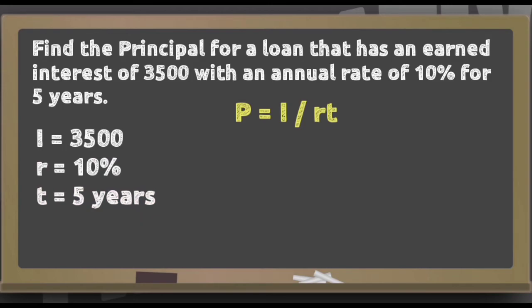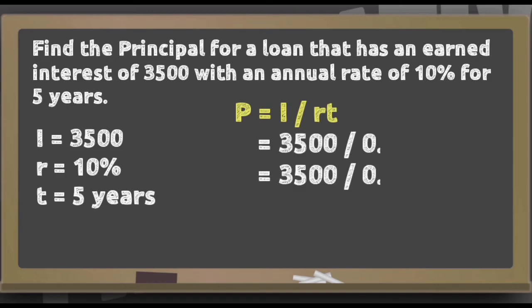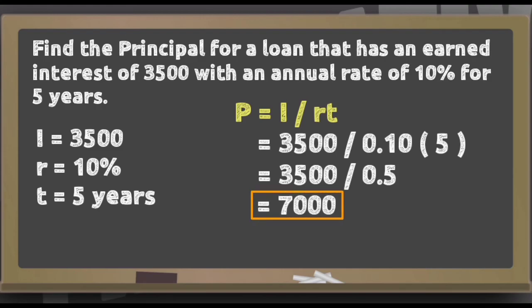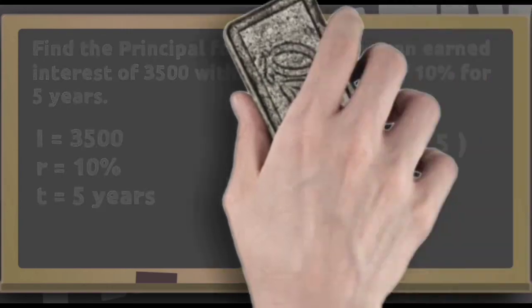So interest earned is 3,500 with the rate of 10% and time of 5 years. And now, let us substitute the values, where the 10% is converted into the decimal number 0.10. Now, 0.10 times 5 equals 0.5. Then 3,500 is divided by 0.5 and equals 7,000. So 7,000 is the principal.